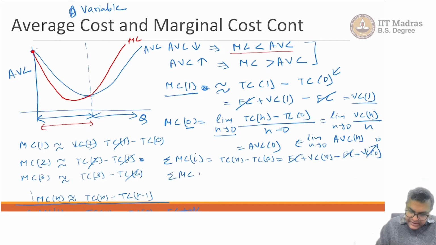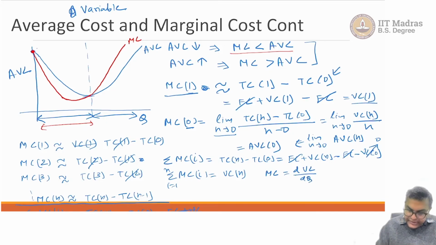So summation MCi roughly gives you VC(n), where i varies from 1 to n, and you can do it using calculus also, which gives you a much more accurate result. MC is equal to dVc by dq.